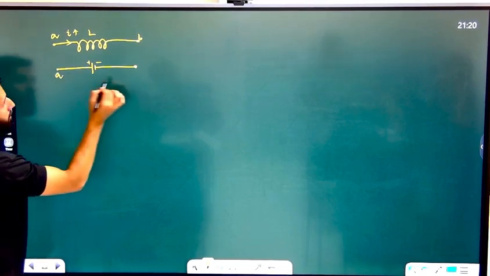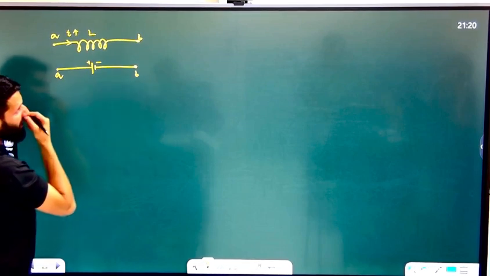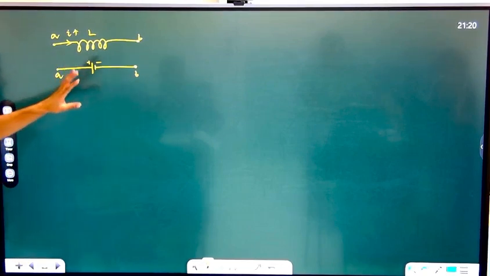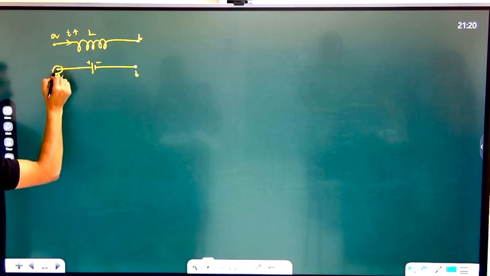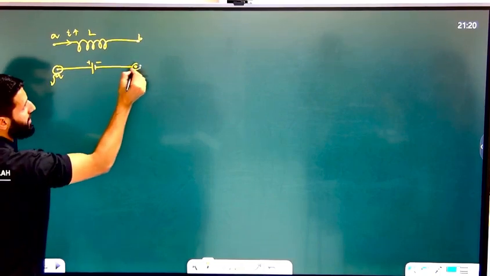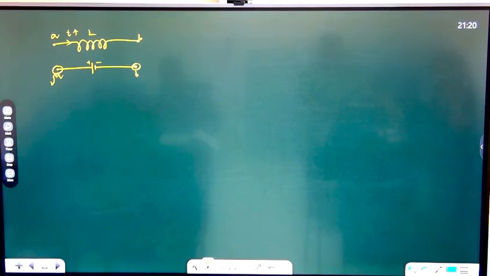How do I write? Is VA greater than VB, or VB greater than VA? I mean, is the potential at A greater than B or less than B? Greater at A, because after this there is a drop.